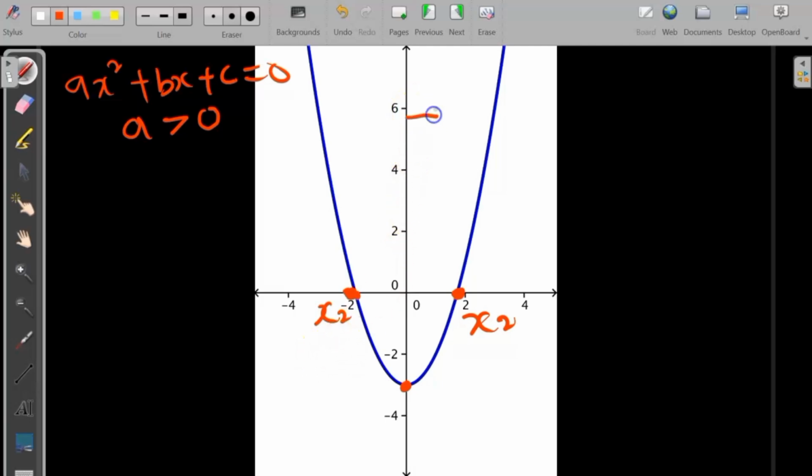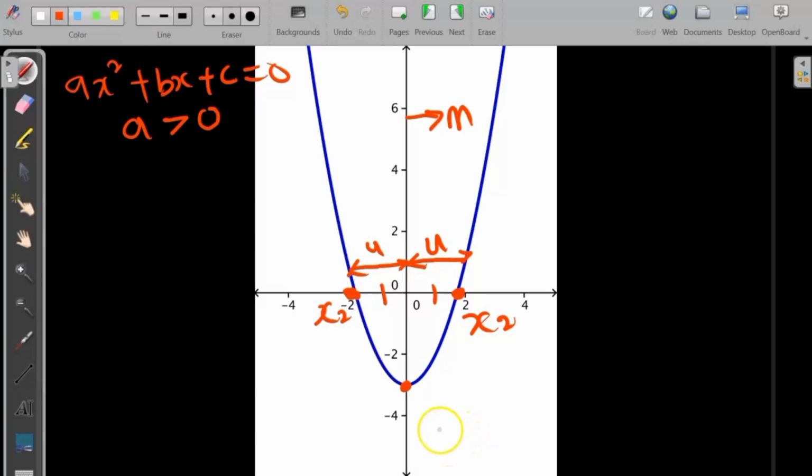Let's call this line M. Since this line divides the curve in halves, the distance from x1 to M is the same as from M to x2. Let's call the distance between x1 and M U. Let's also call the distance between x2 and M U, because they are equal.